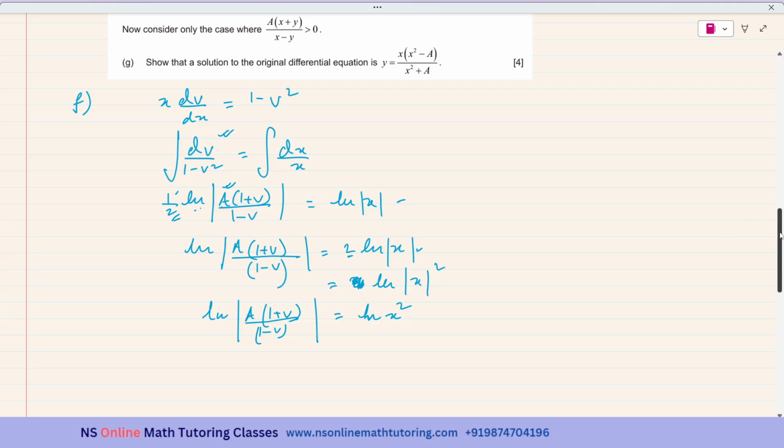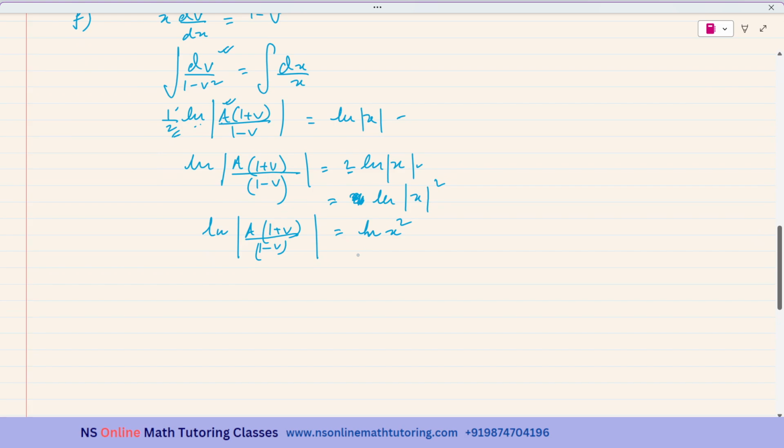And now I am having one term on either side of the equal to sign, and so I can equate the arguments of the ln function. So it is a and 1 plus v over 1 minus v, and I have to write the absolute value notation also, and this should be equal to x square.